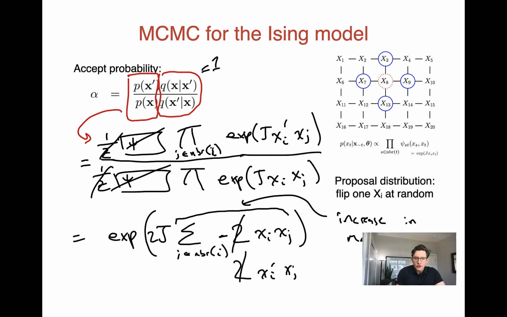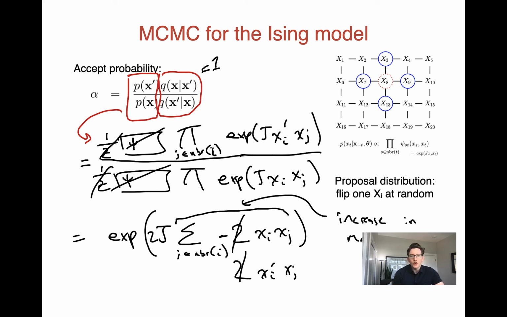So this is going to be the increase in matches. And then there's some constant factor here, and that goes through an exp. So if the increase in matches is greater than 0, if we have a positive increase in matches, exp of that positive number is going to be greater than 1, meaning our accept probability is going to be 1. So we're always going to accept moves that increase our number of matches.